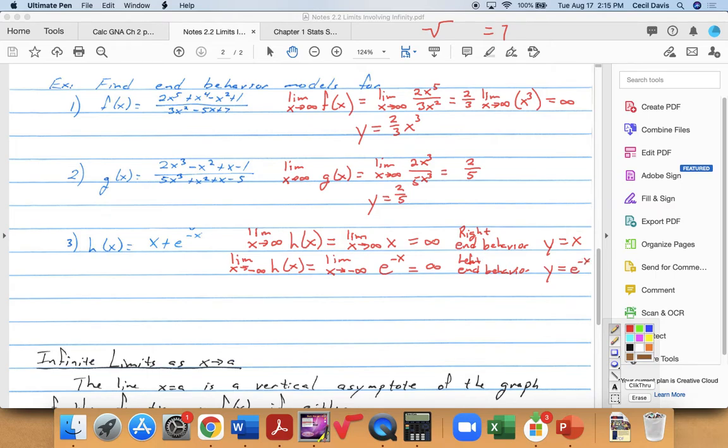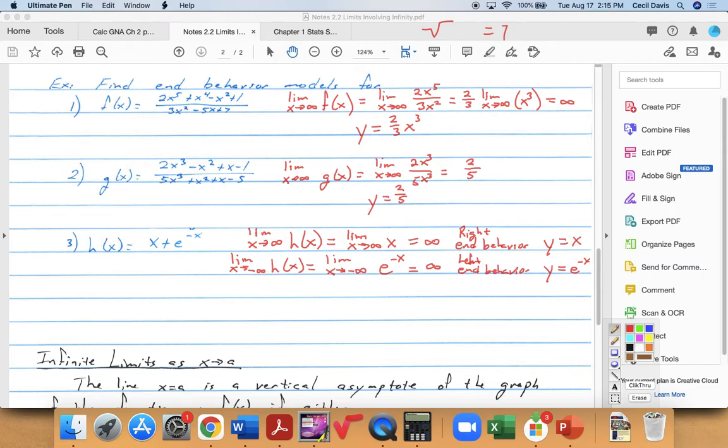Question: how can you know that there's going to be a different left and right end behavior here? It's a really good question. If it's a polynomial function or a rational function, the end behaviors are the same. Those are the ones you spend a lot of time studying in pre-cal, right?